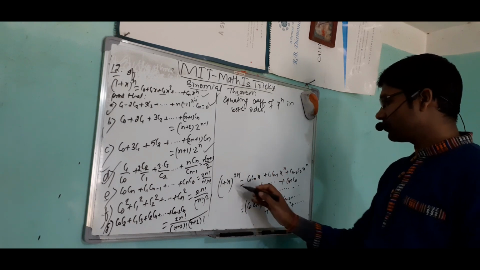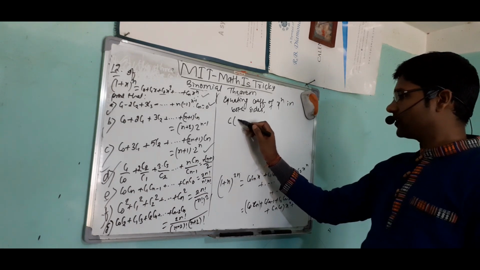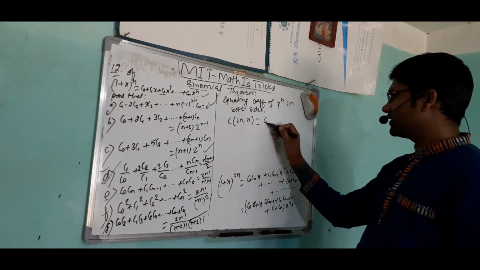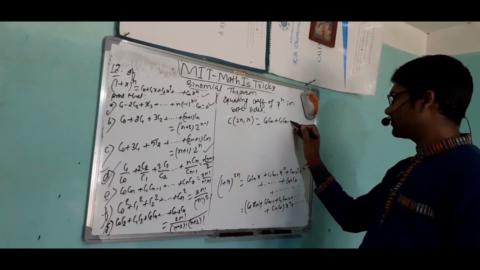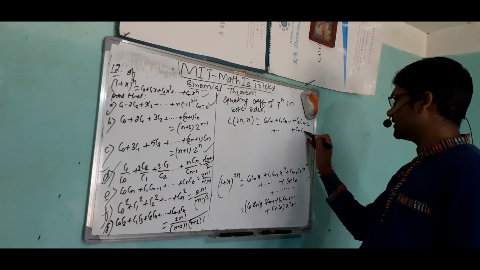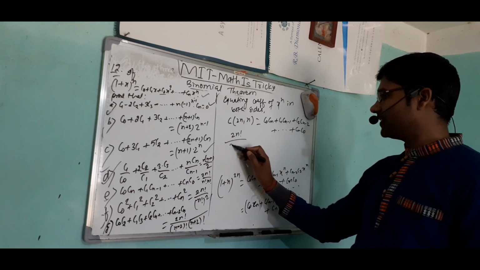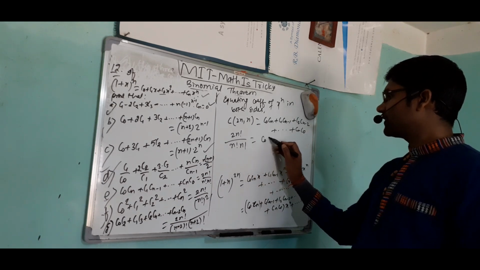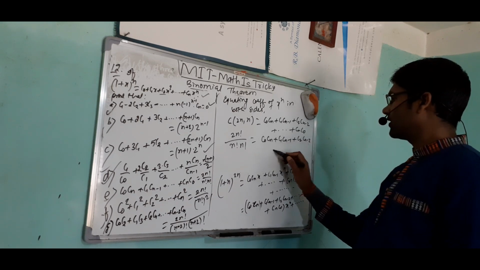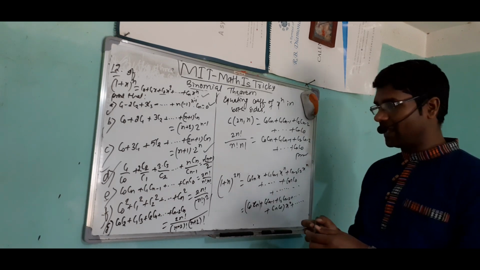In this case, the coefficient of x^n is C(2n, n) = c0 cn + c1 c_{n-1} + c2 c_{n-2} + ... + cn c0. Expanding this, it is (2n)!/(n! n!) = c0 cn + c1 c_{n-1} + c2 c_{n-2} + ... + cn c0. Proved. That's the whole result we have here.